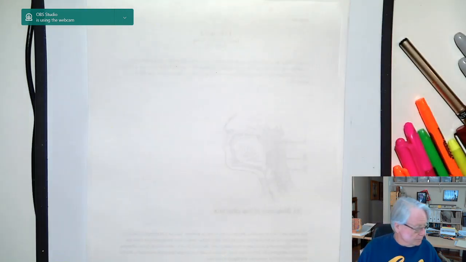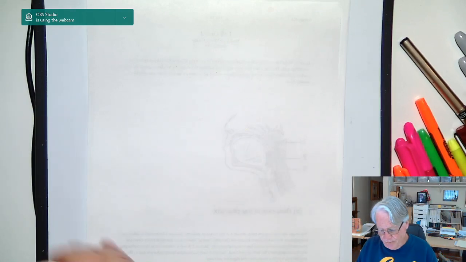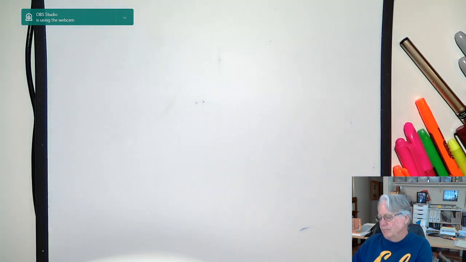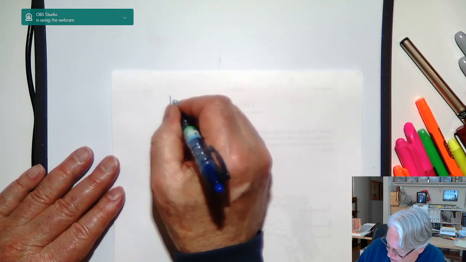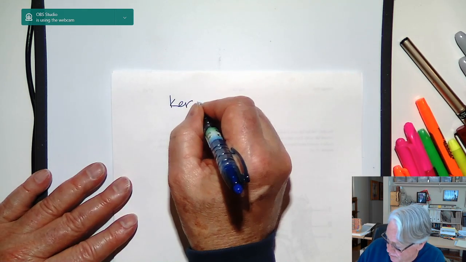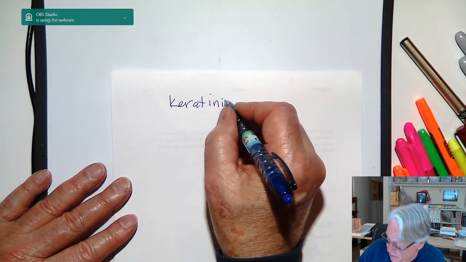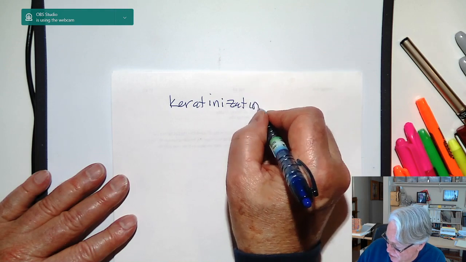And what I want to talk about is keratinization. Basically we've already been talking about that as we've described the 5 layers and what is happening in each of these layers. That in totality is referred to as keratinization.